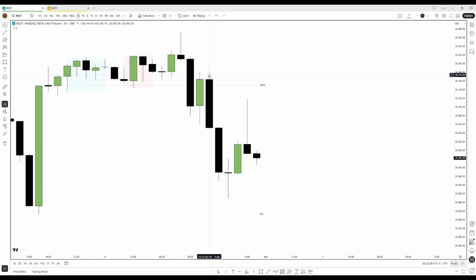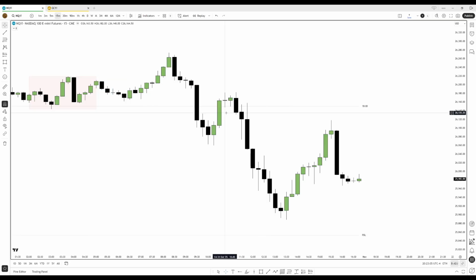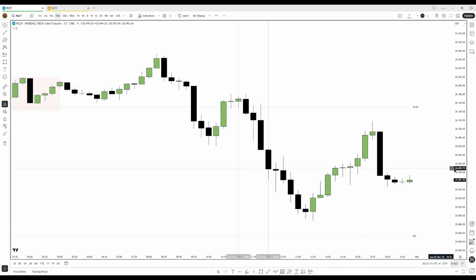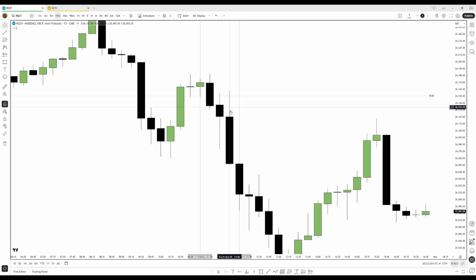If I want to divide this candle in 4, I can go to the 15 minutes, look at 11 to 12, and that hourly candle is now divided into 4 candles of 15 minutes. Each 15 minutes shows the open, high, low, close, open, high, low, close, until we get to 12.